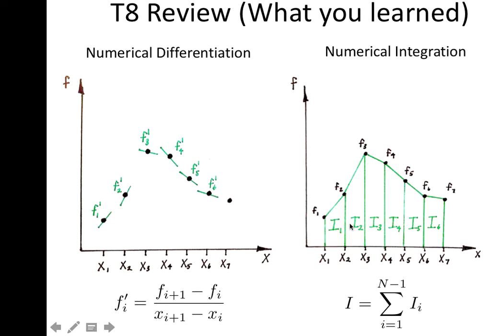To approximate the integral, you have to sum all of the little integrals. I don't have a specific integration form written here. This is just general numerical integration. I've just drawn the trapezoidal rule. So you should be able to recognize all of the integration and differentiation formulas that we've discussed or used in pre-labs or labs. Do you have any questions about this?